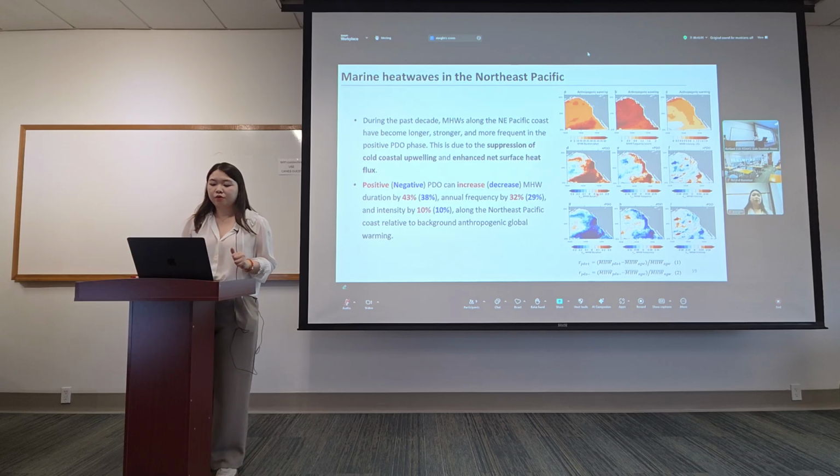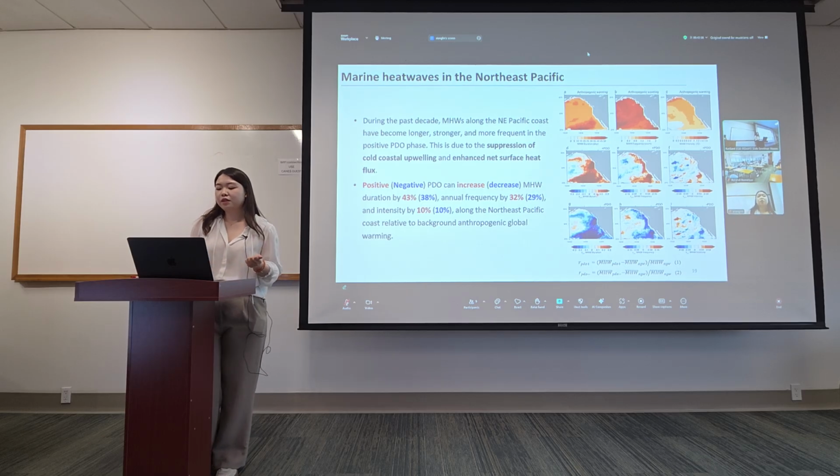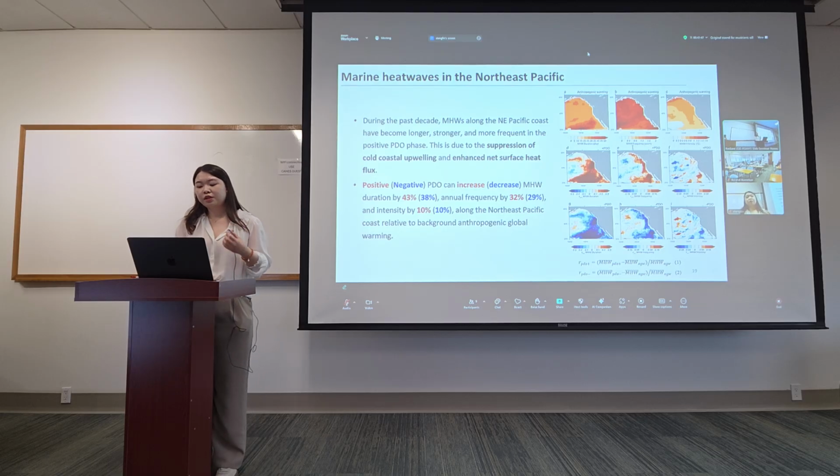So now we can wrap up the PDO part. We found that the PDO acts as an important modulator that amplifies the impact of global warming on regional marine heat waves. Based on both the observations and the model simulations, marine heat waves have become longer, stronger, and more frequent during the positive PDO times compared to the negative phase.